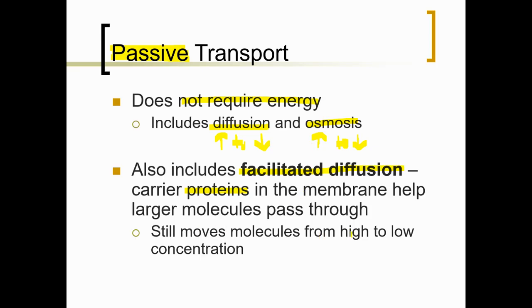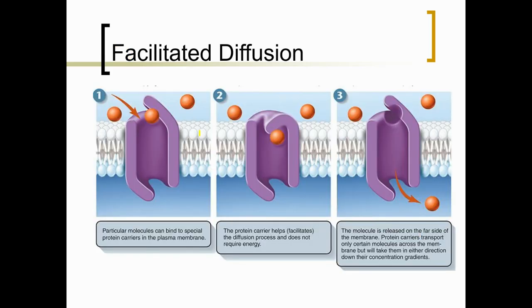So once again, we still have high to low, no energy is required, but substances are just moving through the big chunky proteins. This is going to be moving through our channel proteins or our carrier proteins. If it were just basic diffusion, those molecules would be passing through that bilayer. But if it's facilitated diffusion, they're moving directly through those big proteins.